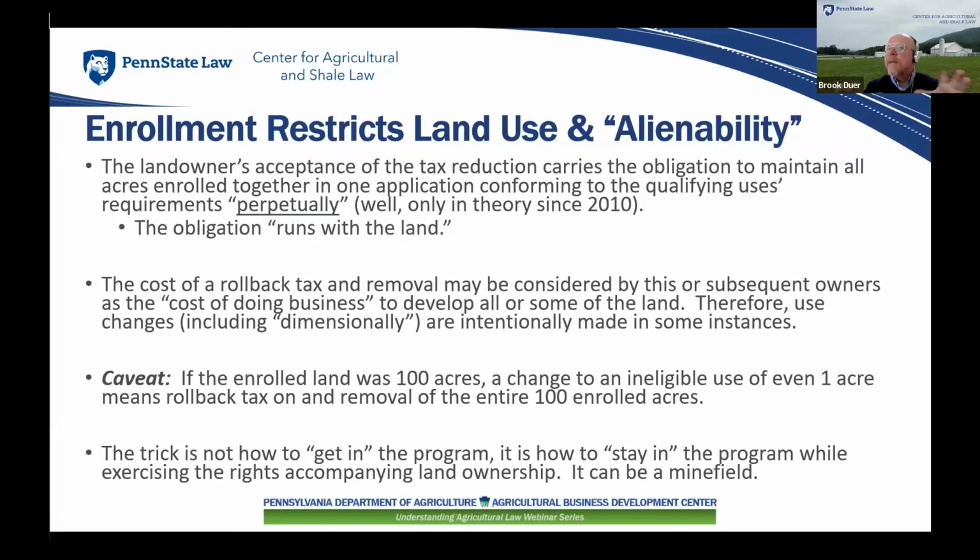So they may be separate deeds, but if there's 30 acres on this deed and there's 75 acres on this deed, and you enroll them together, that's 105 acres that has been enrolled in one application and sort of becomes the enrolled tracts, plural, for the purposes of administering this law.